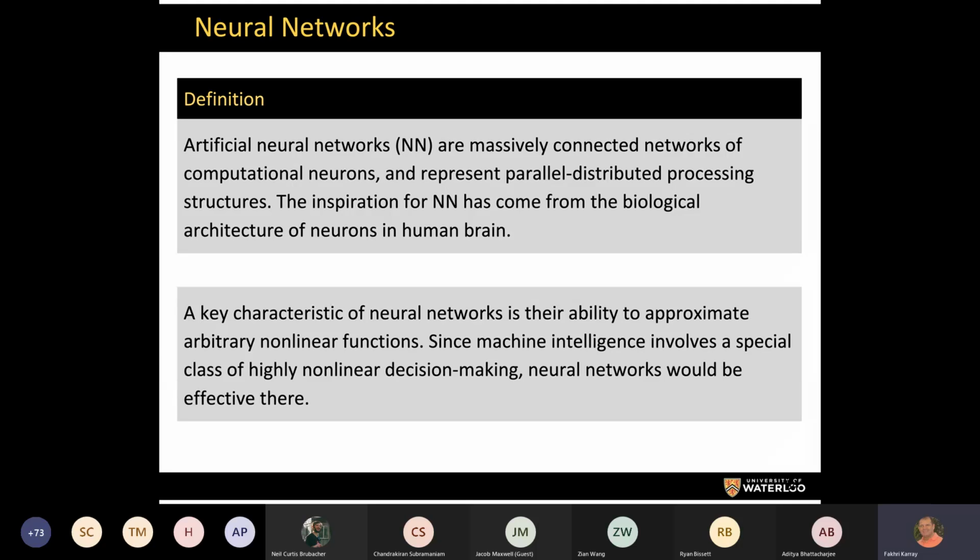The key characteristic of neural networks, as we are going to see later, is their ability to approximate arbitrary nonlinear functions for function prediction, or to provide us with an accurate classification when the outcome of the neural network is discrete.